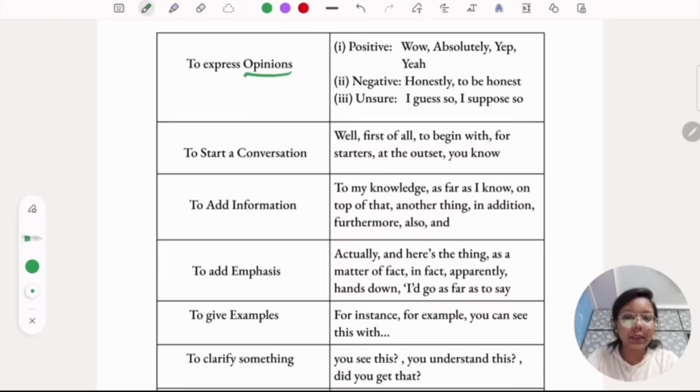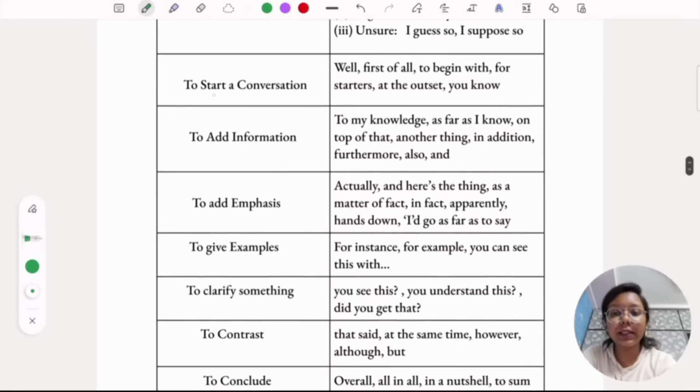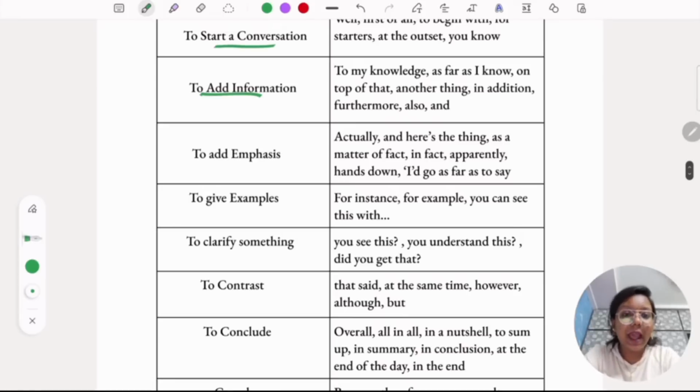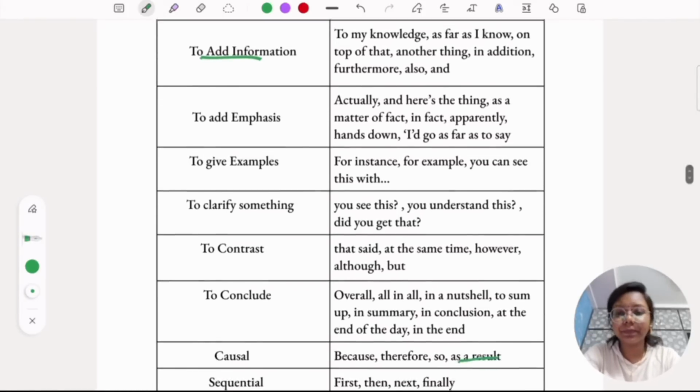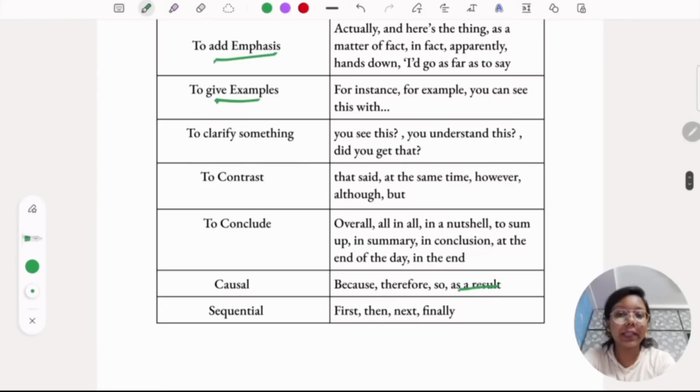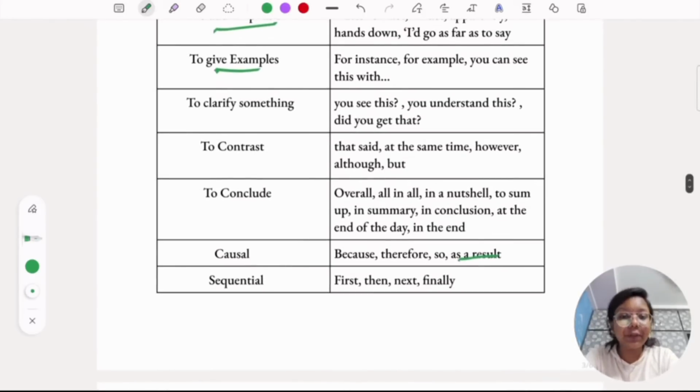They are used to start a conversation, like well, first of all, to begin with, and to add information: to my knowledge, as far as I know, another thing, in addition, furthermore. To add emphasis: actually, as a matter of fact, in fact. And to give examples: for instance, for example. They are also used to clarify something.